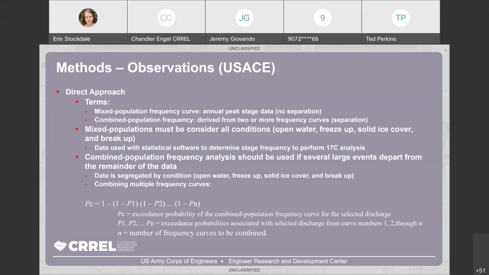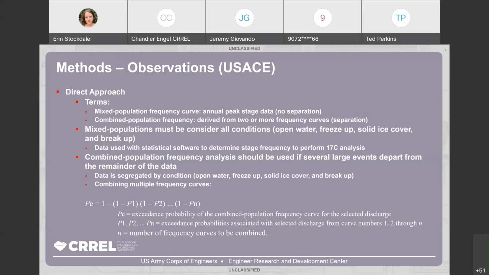In contrast, the combined population frequency is derived from two or more frequency curves. So essentially, you do segregate data based on the actual mechanism that causes that peak stage event. Just to reiterate this, the mixed population will consider open water, freeze-up jams, solid ice cover, breakup. It doesn't matter.